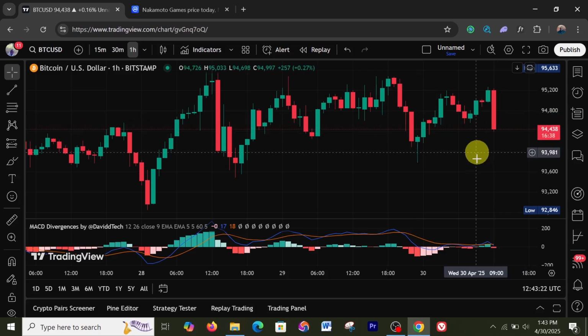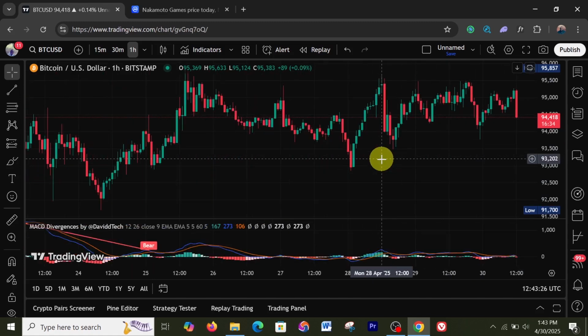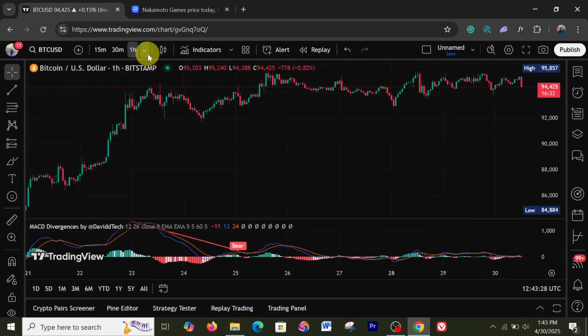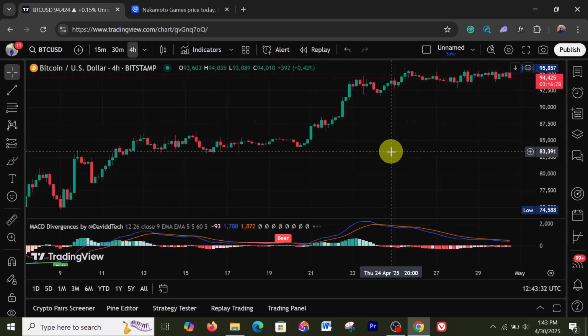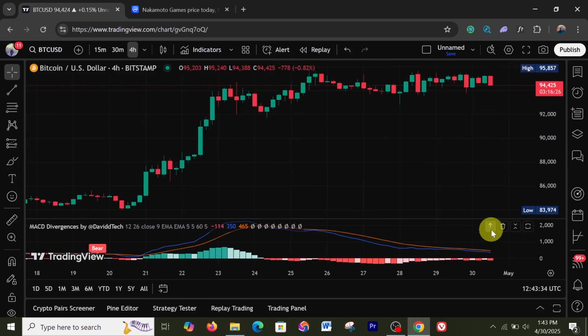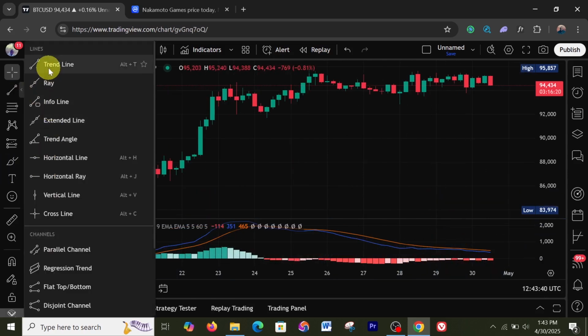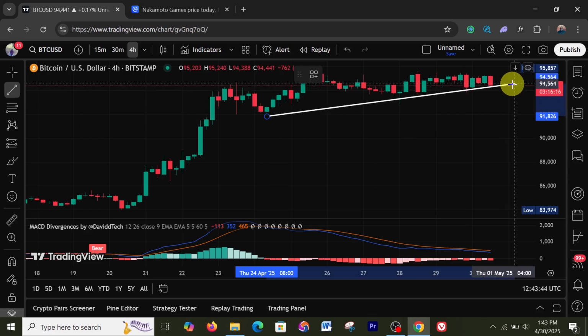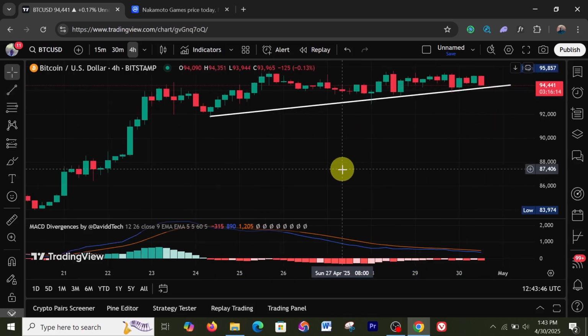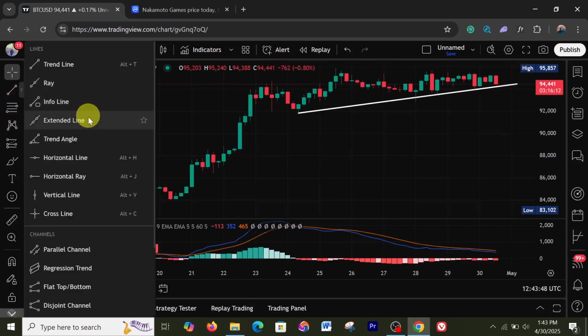So we're entering into sellers momentum, but we could switch to the 4 hour and look at what's really happening. You could see that this is already showing that we are still in the seller zone, but this particular trade is already showing us signs of an ascending triangle, which is Bitcoin's most effective chart pattern.